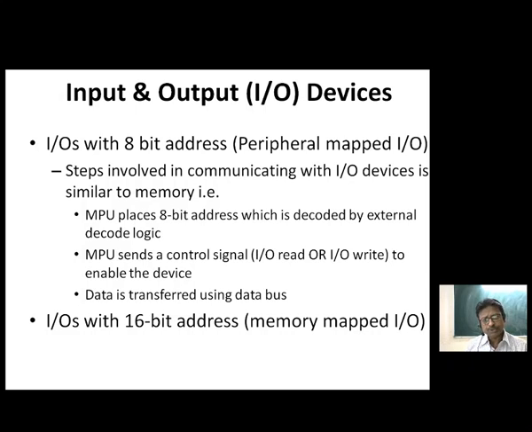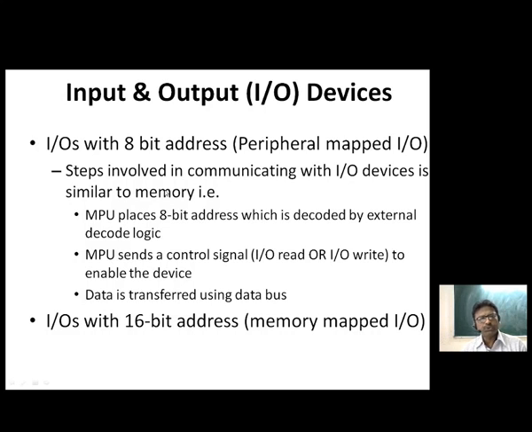Along with that, the microprocessor also sends a control signal, either a read signal or a write signal. If the microprocessor is going to read something, it sends the read signal. If it wants to write something on the output unit, it sends the write signal, just to enable the device. Once the address as well as the control signal has been received by the peripheral device, the data will be transferred using the data bus.